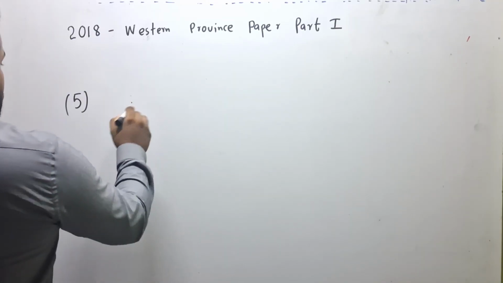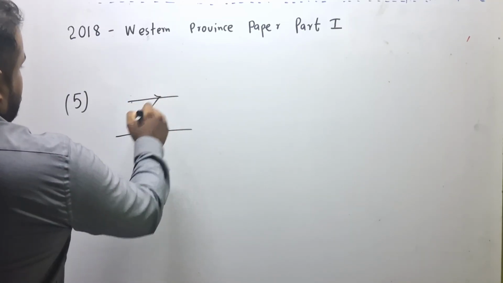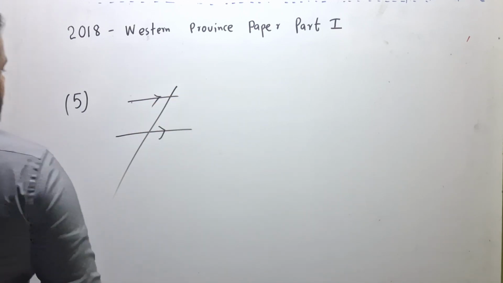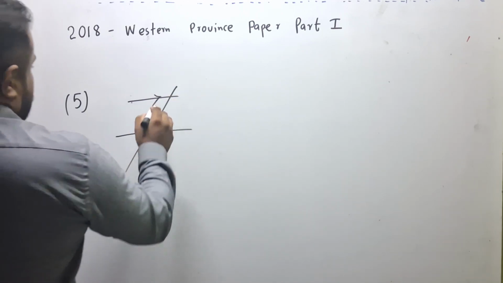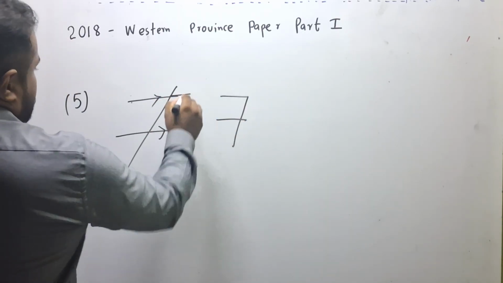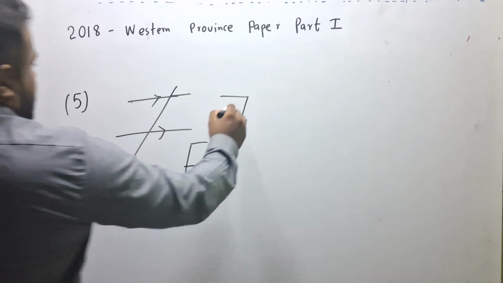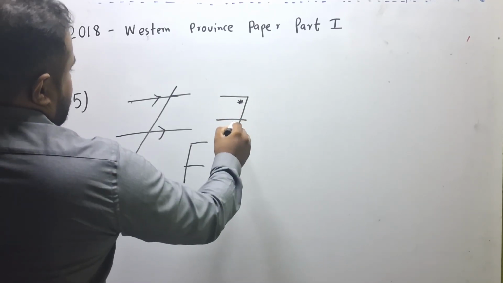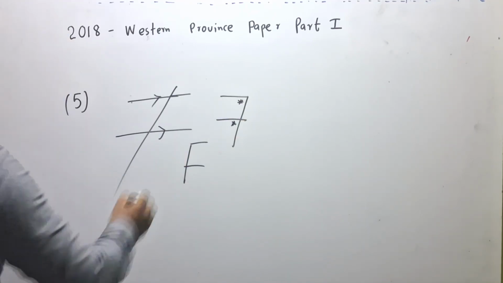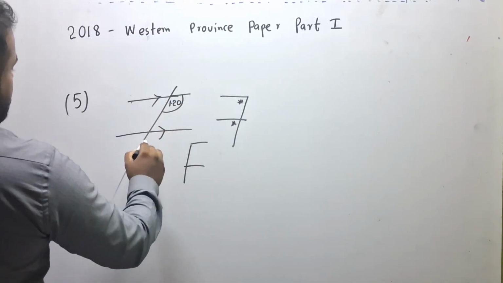Then, if two lines are parallel and an F shape appears, for this side also an F shape appears, and for this side also an F shape appears. The angle here and here are equal. That means if the value is 120, this is also 120.